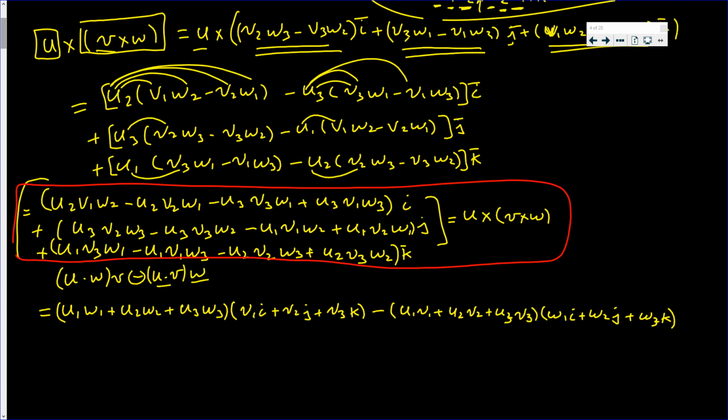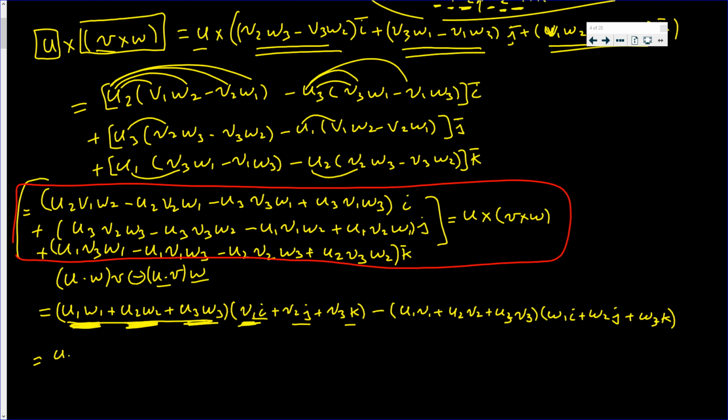Now, this is one real number, and it gets distributed to each of these three. Well, let's find out the i's first. So you're going to have this times V1 plus this times V1 plus this times V1, all in the i direction.